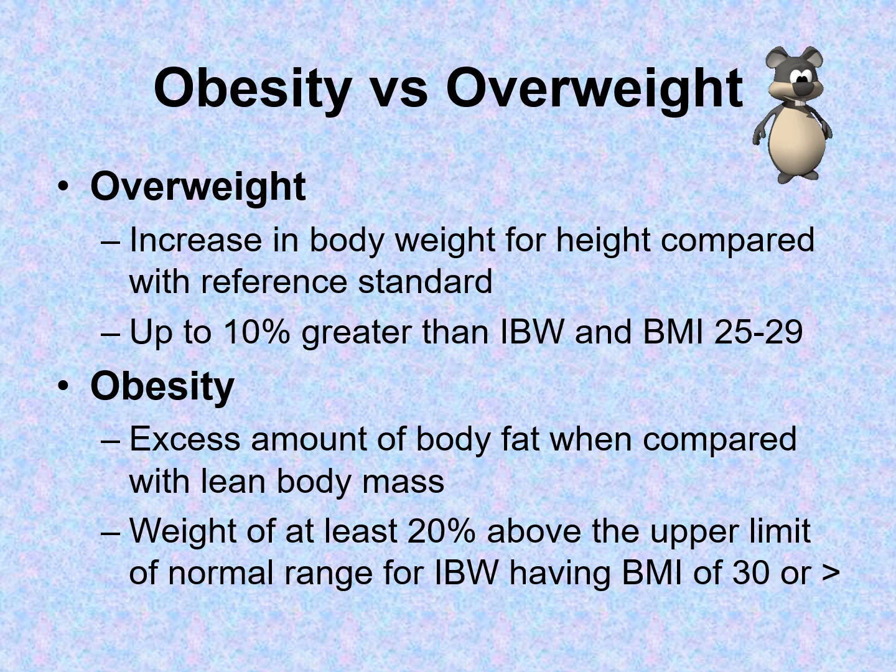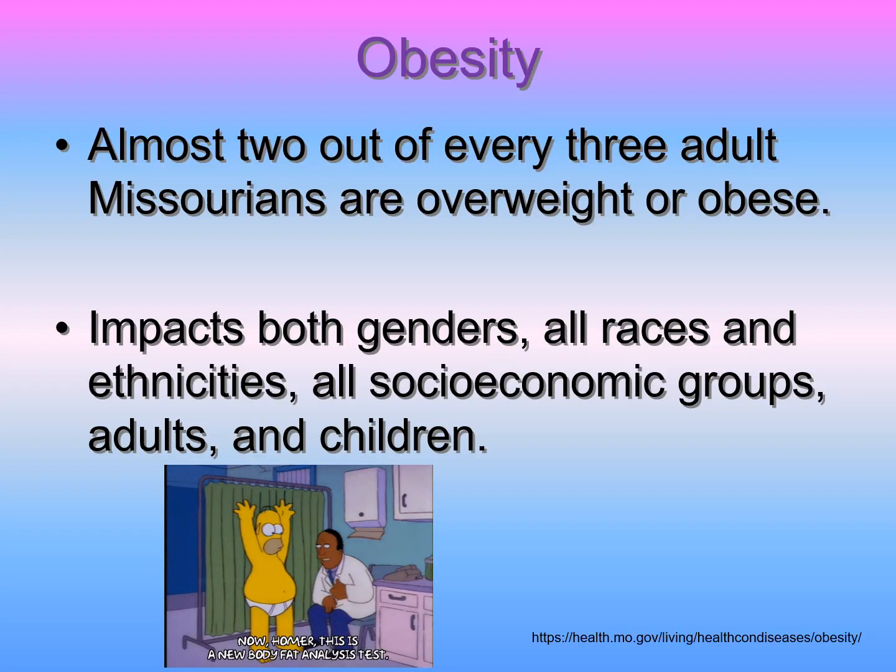So obesity and overweight. You're doing a discussion board on this, so I'm not going to go too much in depth about this, because I think you'll learn a lot about it just by doing the discussion board. Just so you know how we define overweight versus obesity, we look at the BMI of people. Almost 2 out of every 3 adult Missourians are overweight or obese.